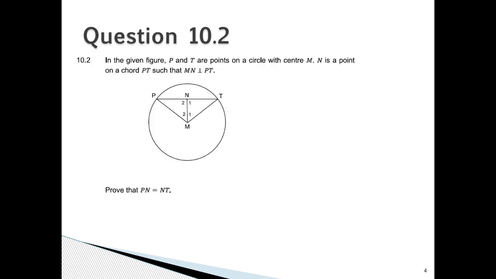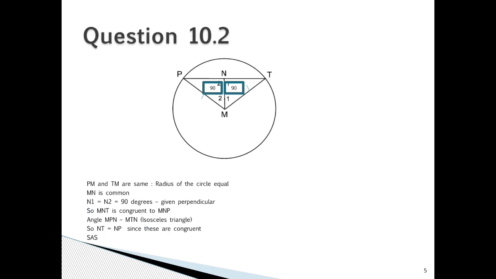Question 10.2. In the given figure, P and T are points on a circle with center M. N is a point on the chord PT such that MN is perpendicular to PT. You need to prove that PN is equal to NT. PM and TM are the same, because the radii of a circle are equal.